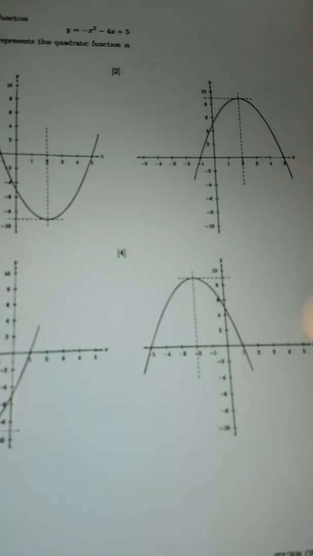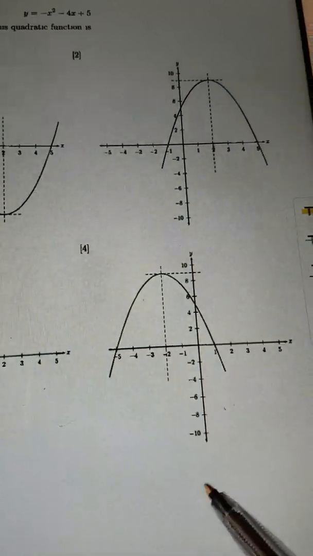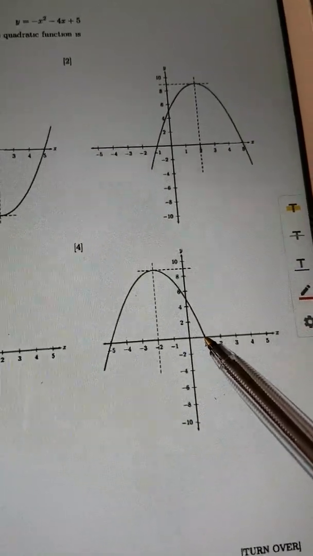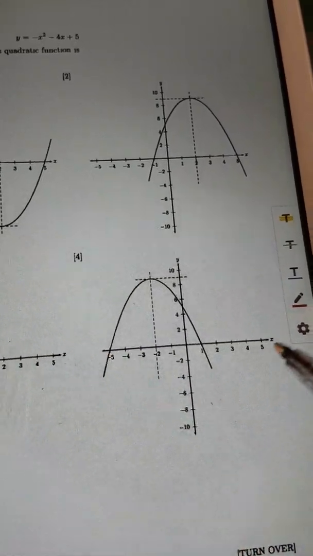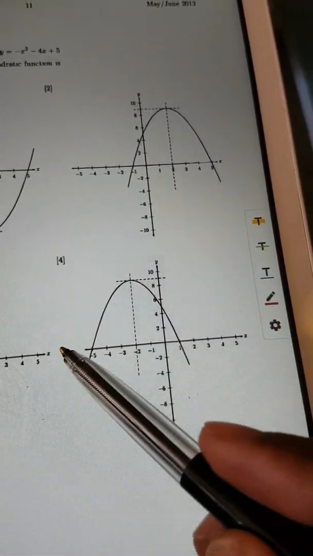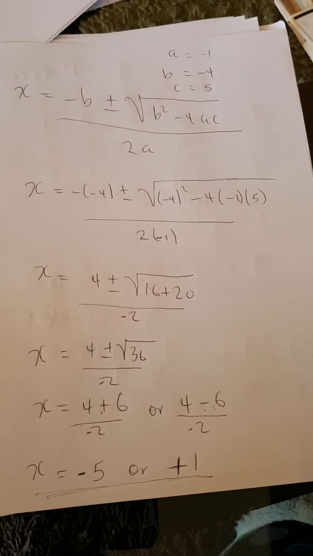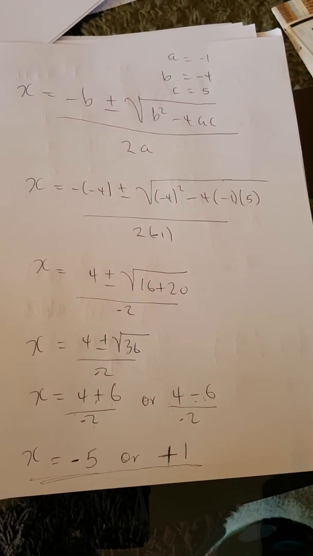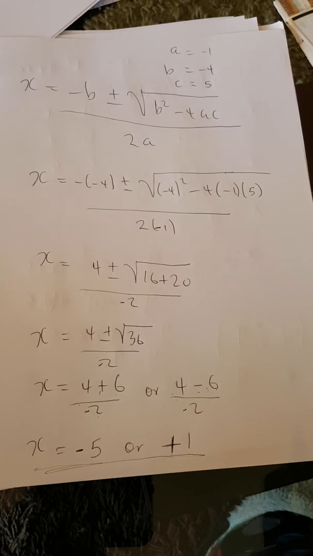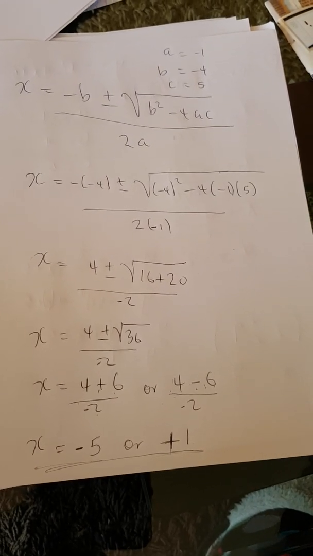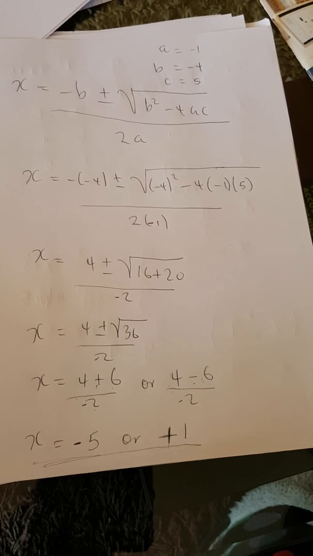So now when you come here, along the x-axis, x is intercepting at +1 and -5. So this is how you calculate the x-intercepts using the quadratic formula. So this is how you do everything. You can screenshot this information to enable you to practice, okay?